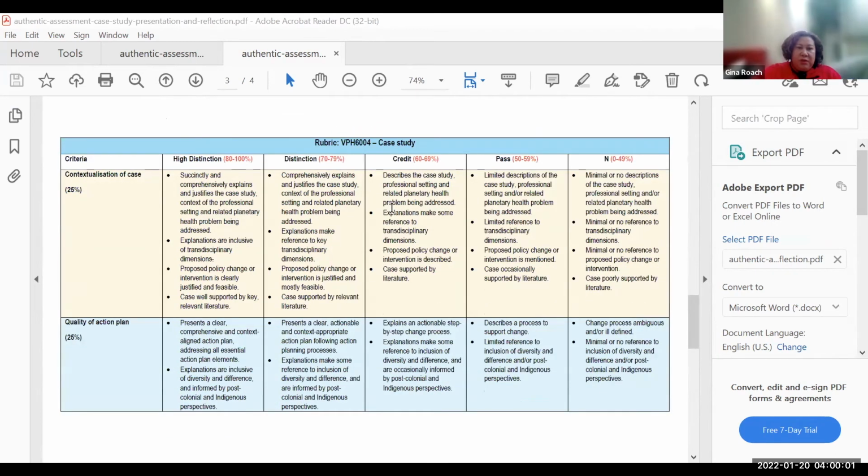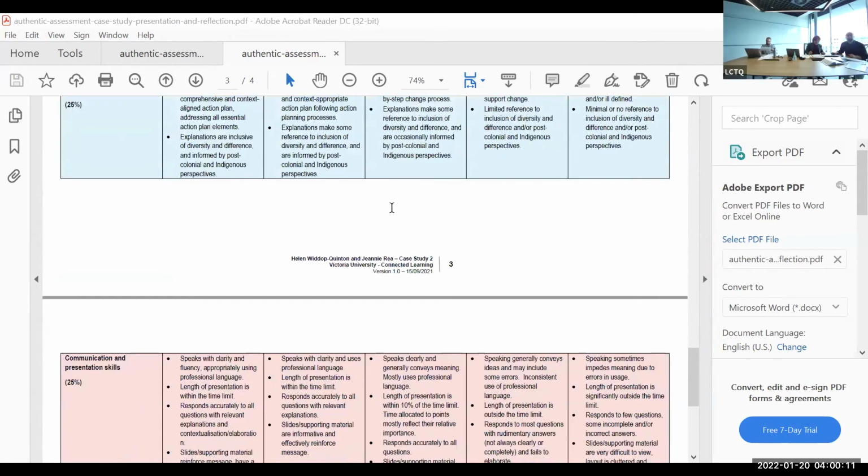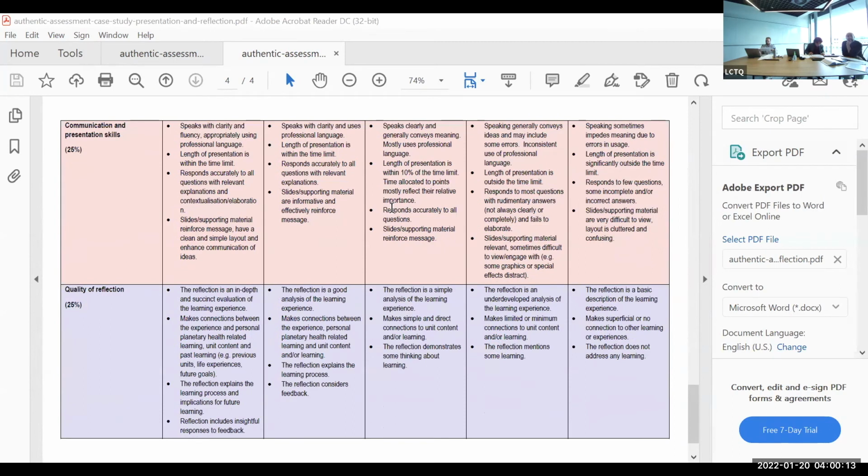Oh, 25 points. I'm looking at the quality of reflection. Yep. I think the quality of reflection is going to be assessing the second part of that writing task, right? An individual reflection afterwards, right? Yes.